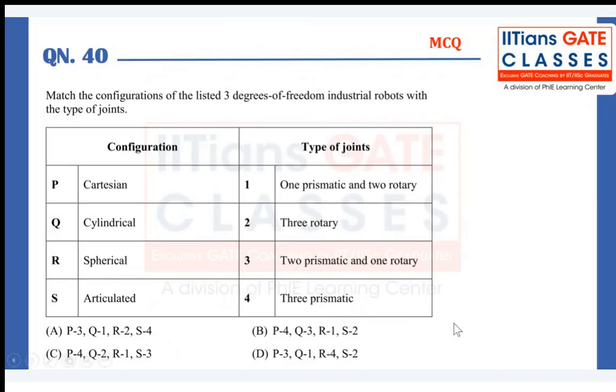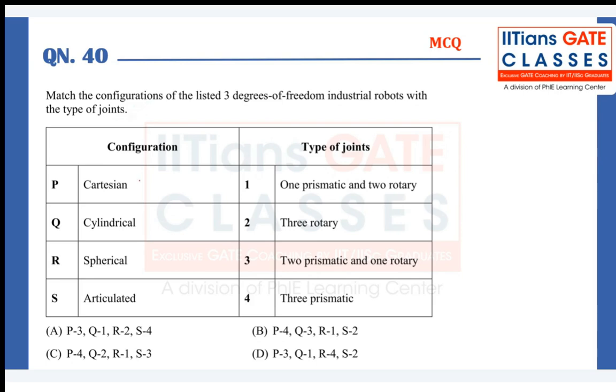Now have a look at this question, guys. Another MCQ. Degree of freedom. Jigs and fixtures you have to study. Match the following: the listed three degree of freedom industrial robot configurations with a type of joint.